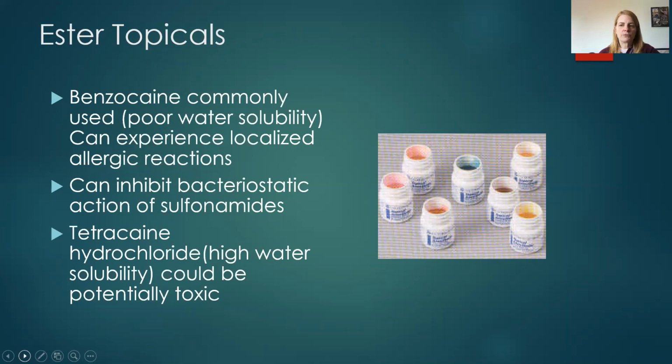Methemoglobinemia, if you remember from patient assessment, is a condition where cyanosis develops due to the inability of the blood to bind to oxygen. It has been reported with higher concentrations of benzocaine sprays. Particularly unmetered sprays are kind of like the old Aquanet hairspray where you could just spray and spray and spray.